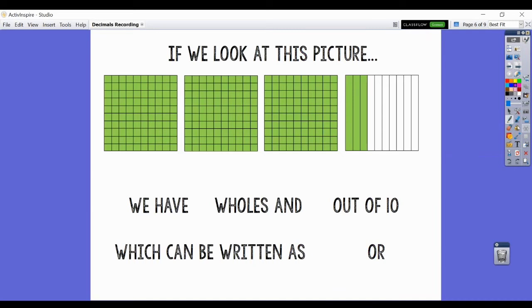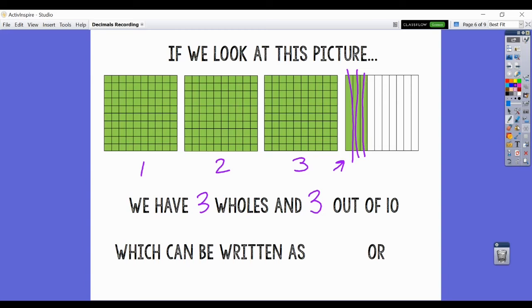If we take a look at this picture, how many wholes are shaded in here? We've got 1, 2, 3. So we have 3 wholes. And then if we look over here, how many do we have shaded in out of 10? We've got 1, 2, 3.